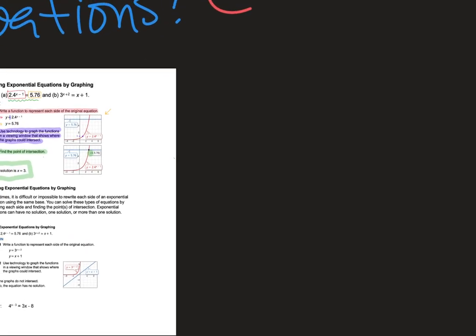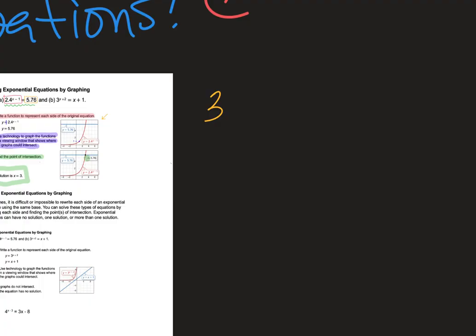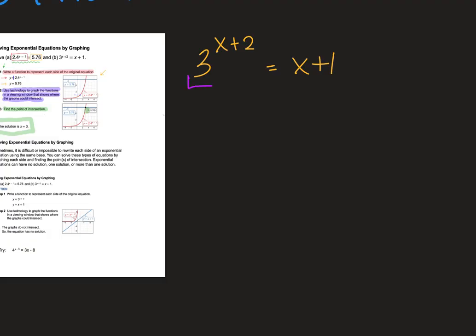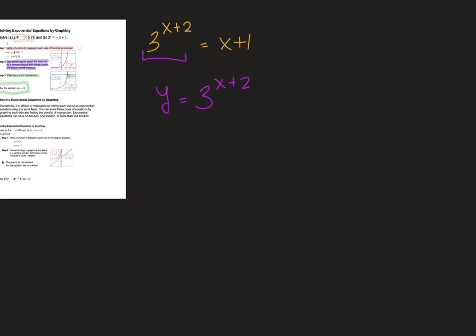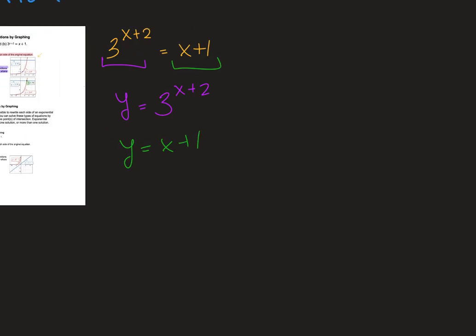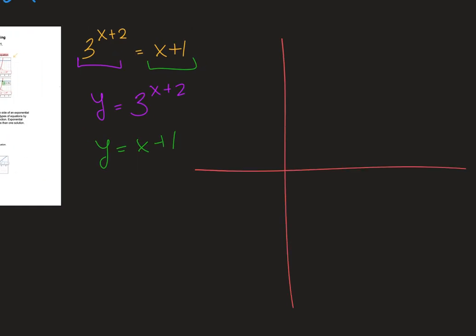All right, so we got 3 to the x plus 2 power equals x plus 1. We take this part, y equals 3 to the x plus 2 power, and we take this part, and that is y equals x plus 1. So here's the goofy part about this. We can graph this. This isn't that hard to graph.